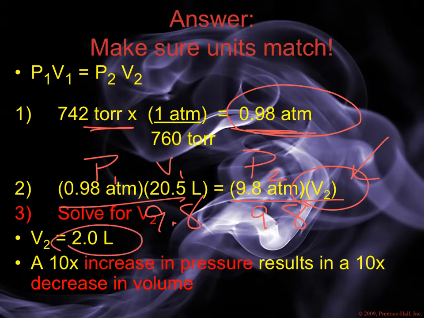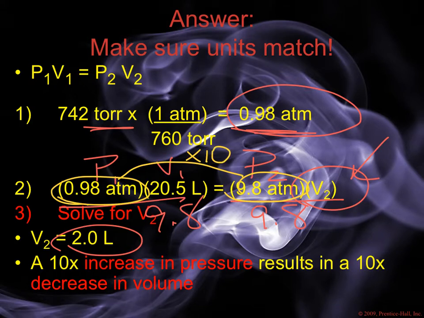There is an easier way to do this, and it's probably a simple relationship you should get somewhat familiar with. You can go ahead and calculate the math and find the answer that way. But because pressure and volume are inversely related, I want you to look at how pressure has changed. It's gone from 0.98 to 98. What factor of a change is that? That's a factor of 10 larger.